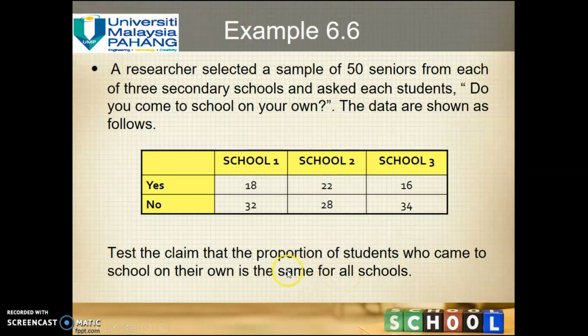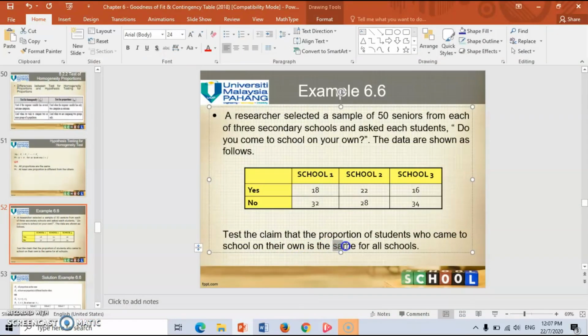So the keyword here is same. Same, similar, homogeneous, they are similar keywords.